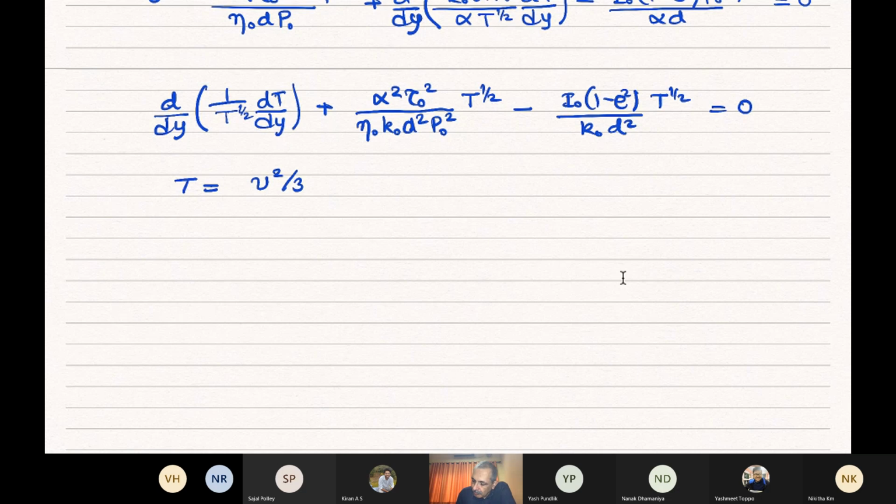So then, if this is the case, dt by dy is just equal to 2v into 2v by 3 into dv by dy.